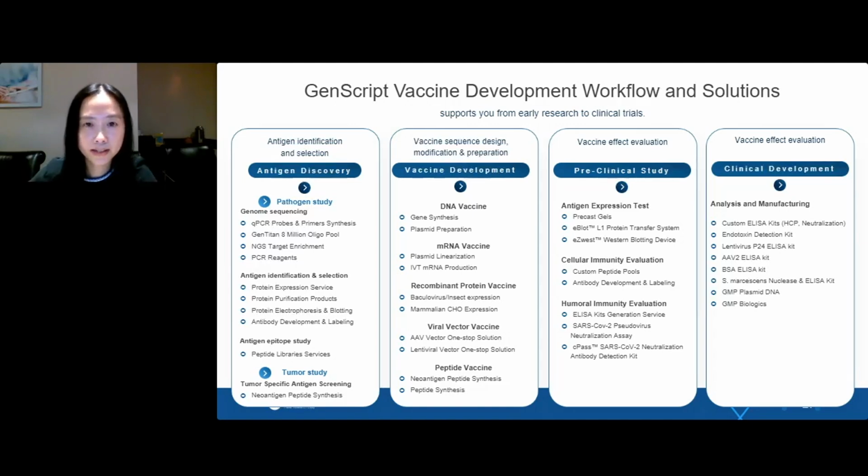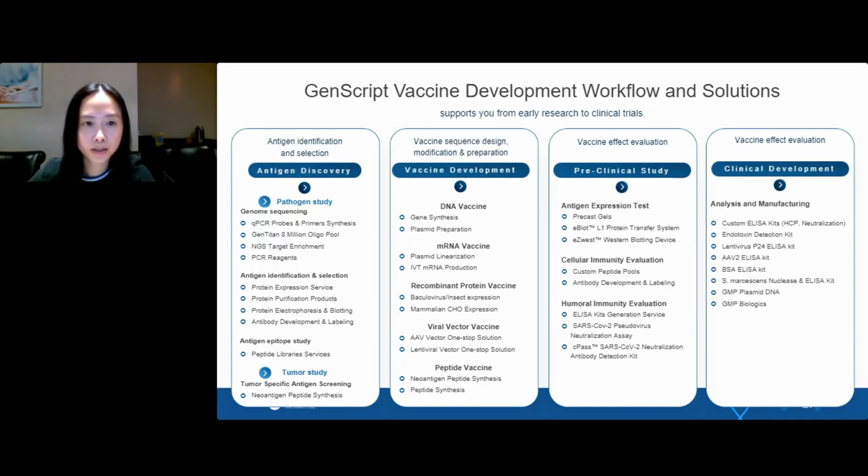Next, for the vaccine effect evaluation steps, for example, preclinical study, usually it's for the cellular immunity evaluation and humoral immunity evaluation. We also have several options, for example, the peptide pools I mentioned previously, and also we can support you with antibody development and labeling services, for example, your ELISA assay.